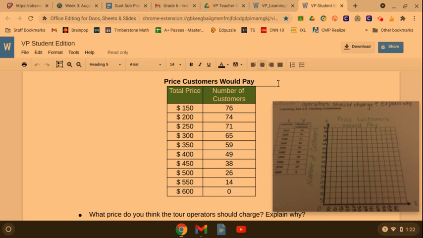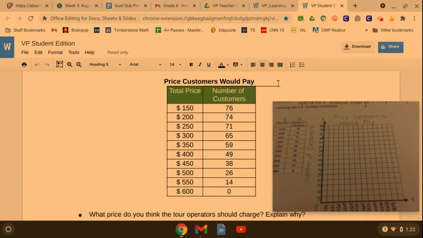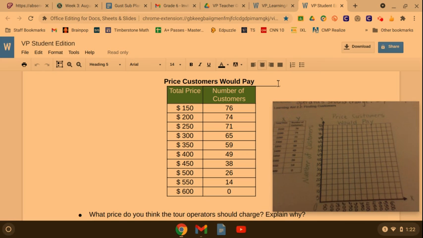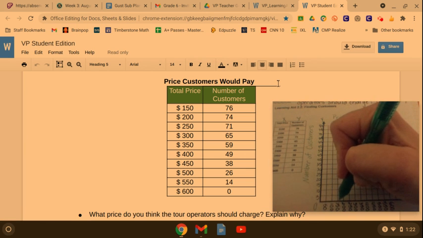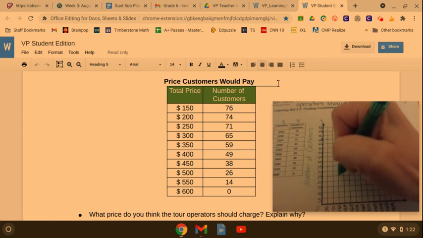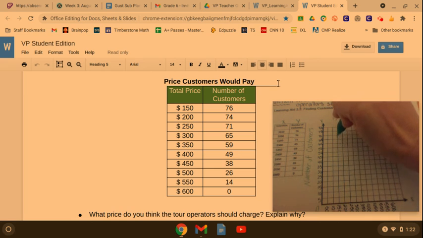I'm going to go with my total price, $150, which is across the bottom. And then I have to follow that up to 76. So over 150, and then follow it up to where 76 would be on my graph. And that's going to be that first plotted point right there.